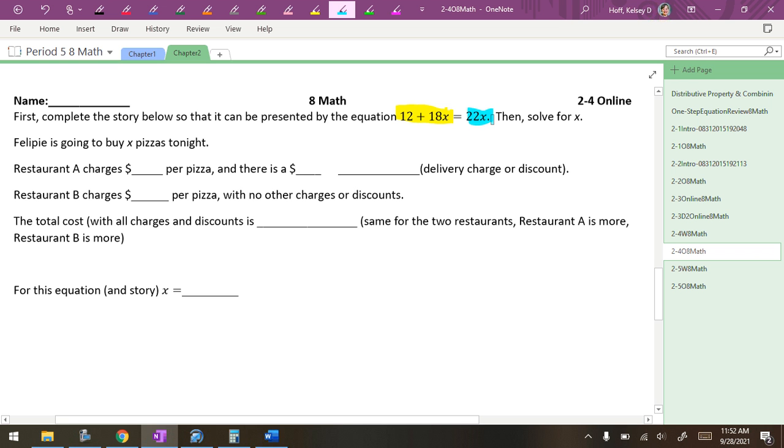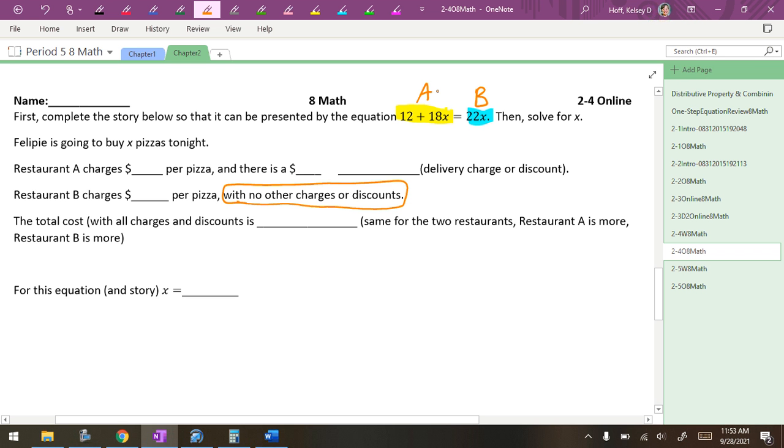So the one that doesn't have anything added to it. Very good. Restaurant B doesn't have any other charge besides just the charge of the pizzas, so that can't have anything added or subtracted to it. So that right-hand side is going to be restaurant B, and the left-hand side is restaurant A.